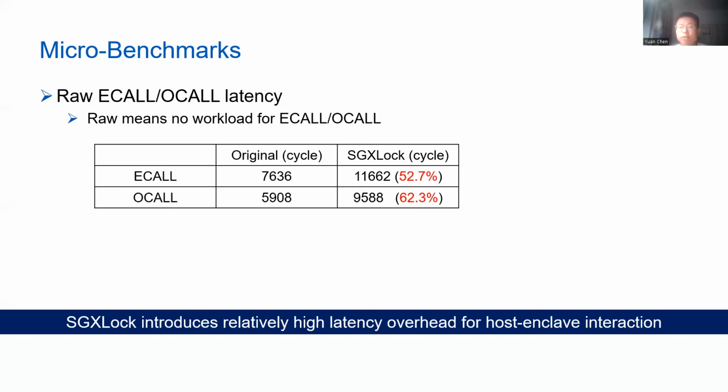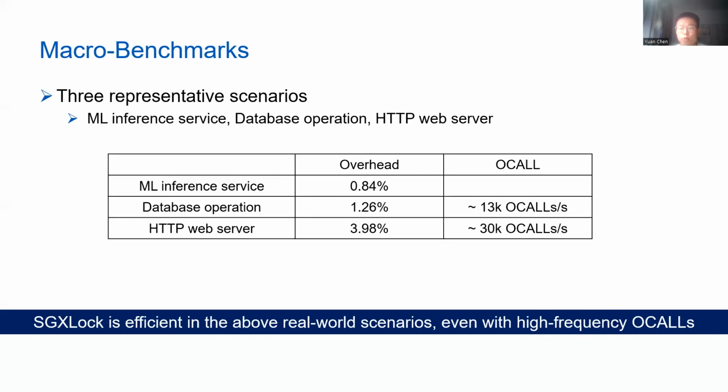But we need to notice that there is no overhead introduced for the execution inside the enclave or outside the enclave. For macro benchmarks, we choose 3 scenarios: machine learning inference service, database operation, and HTTP web server. We can see SGXLock is efficient in these 3 real-world scenarios, even with high frequency OCALLs.